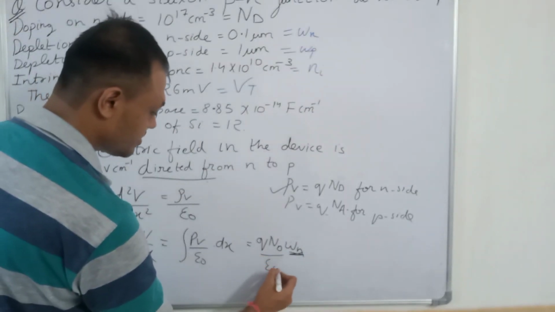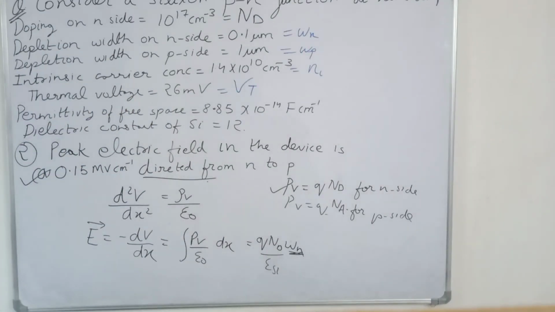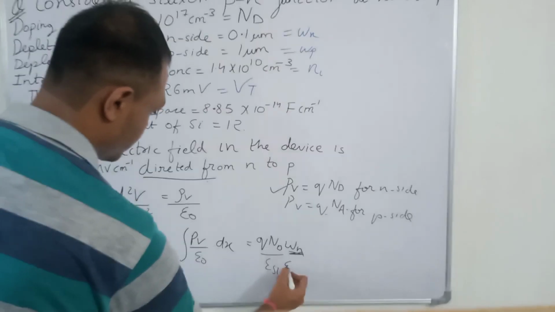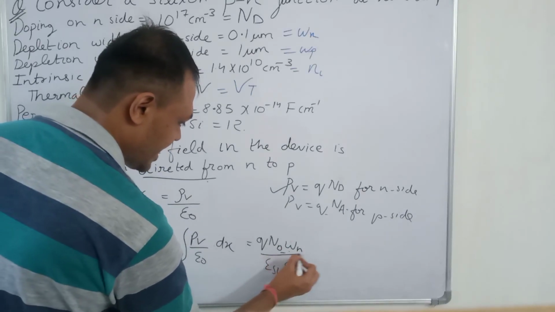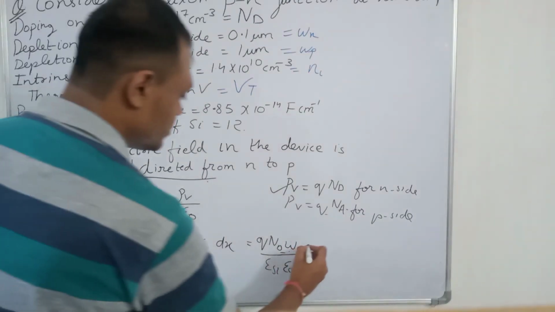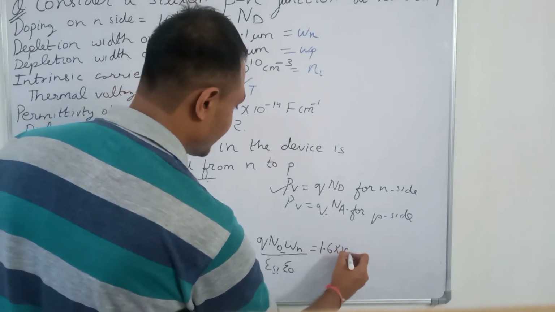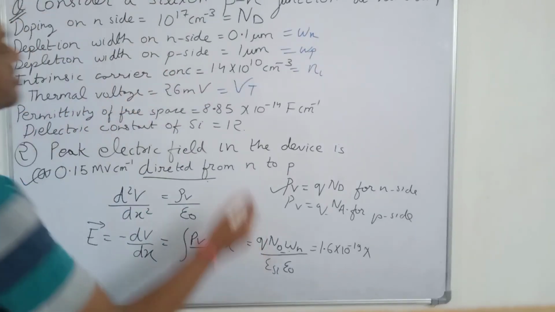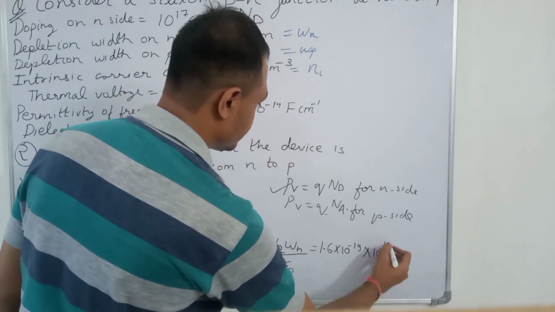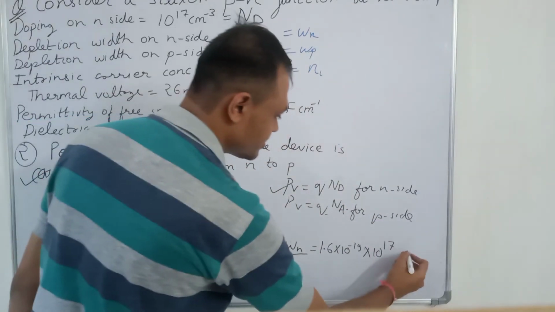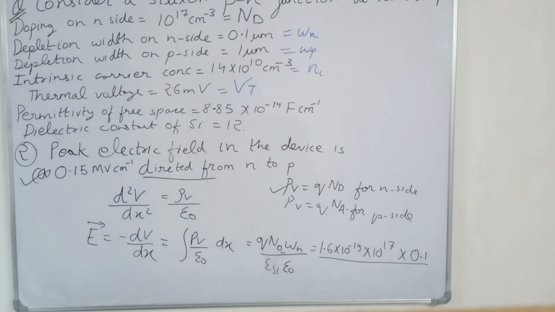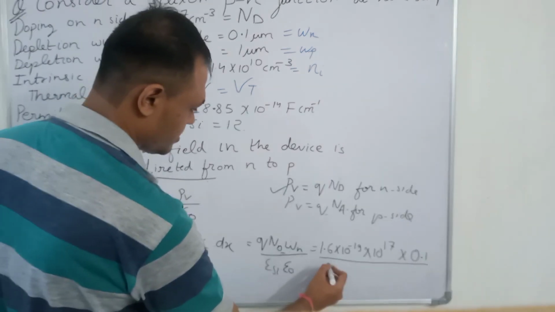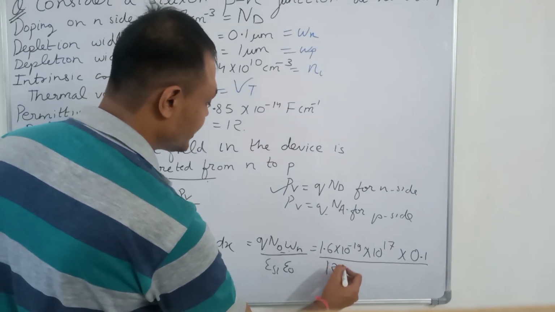So the field is rho V into Wn upon epsilon Si epsilon naught, which is equal to 1.6 into 10 to power minus 19 into Nd, which is 10 to power 17, and the depletion layer width on the N side is 0.1 micrometer, upon epsilon Si, which is given as 12, and 8.85.